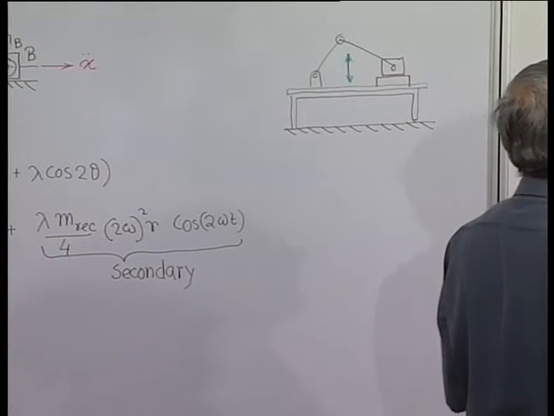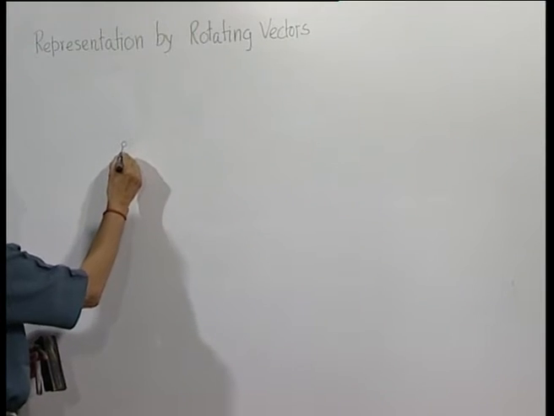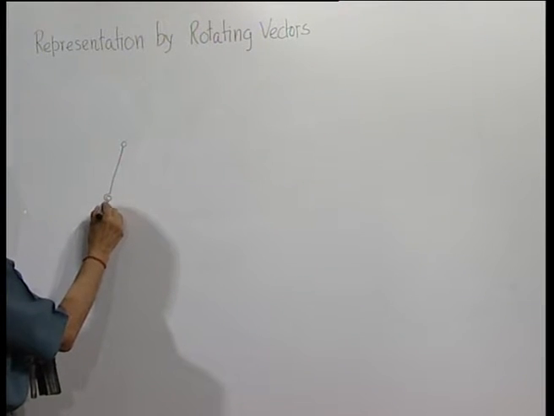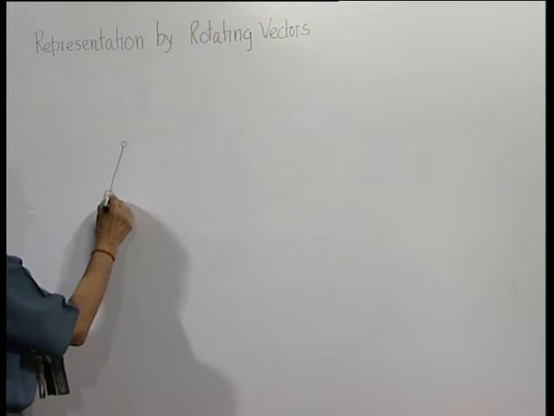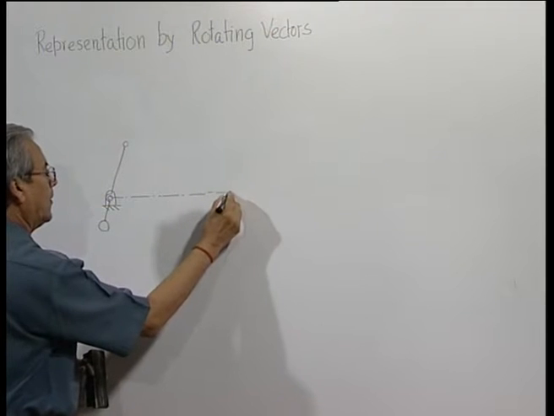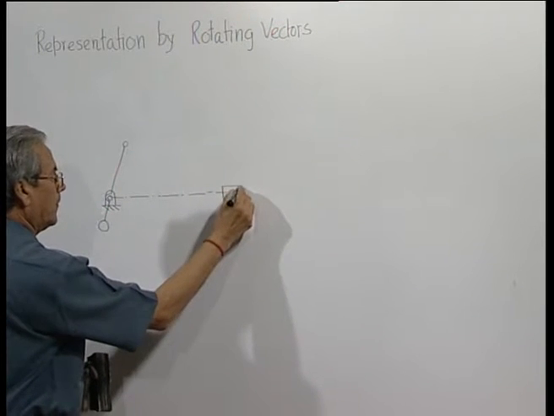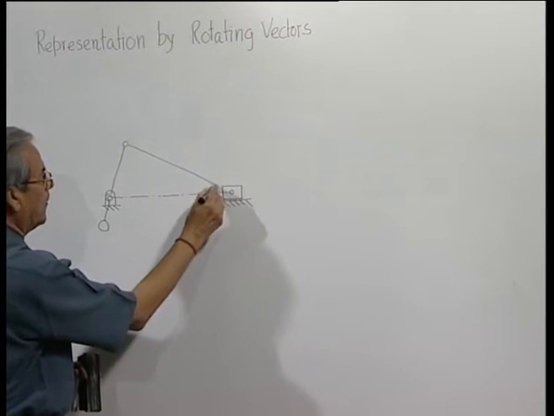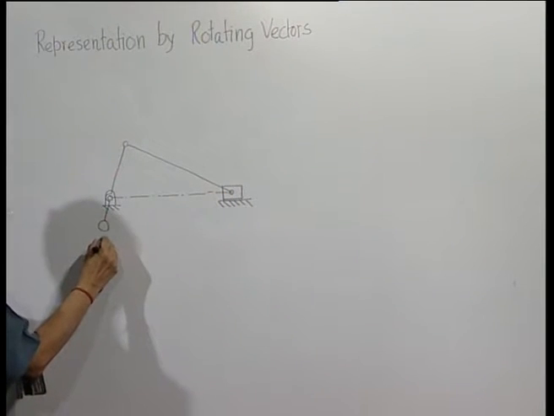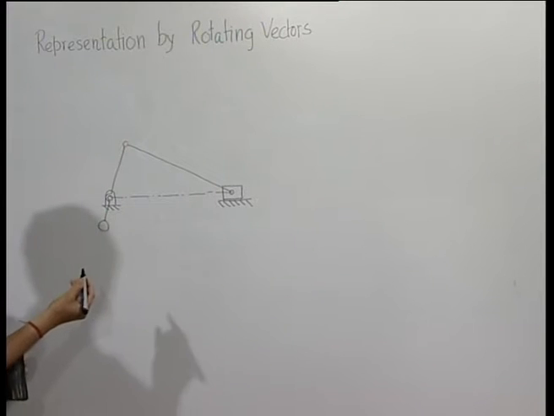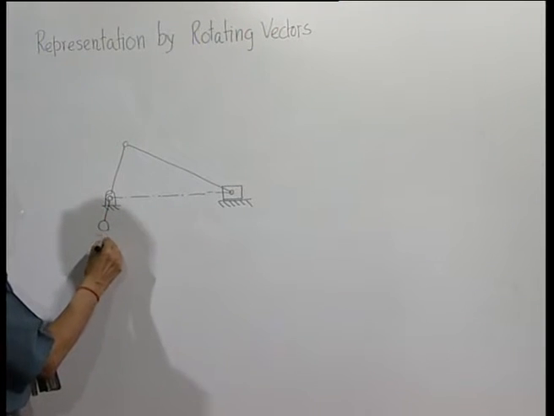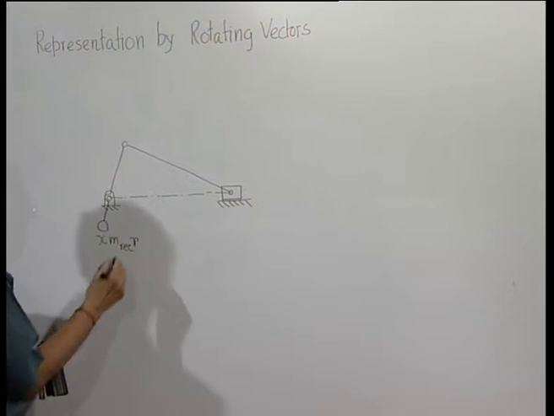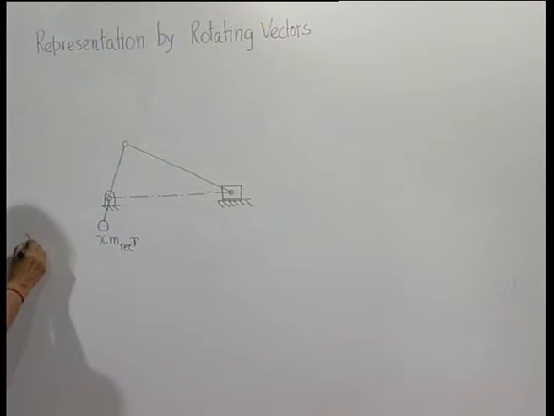So, in that case, now here this will be some fraction, say let me take this, say chi m reciprocating r, where chi is less than 1.